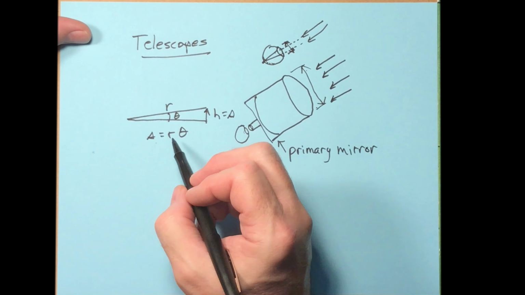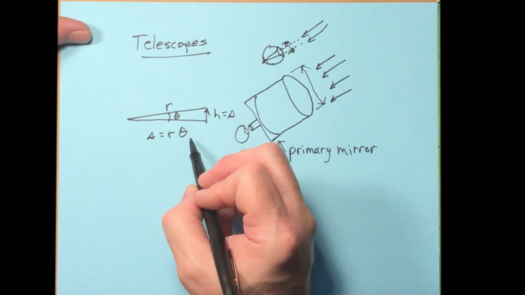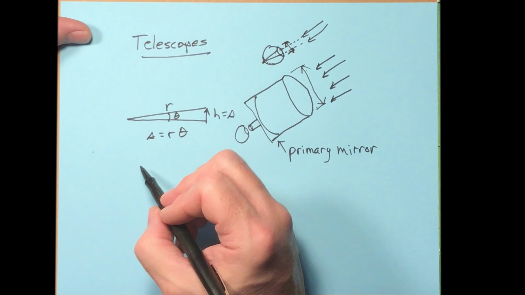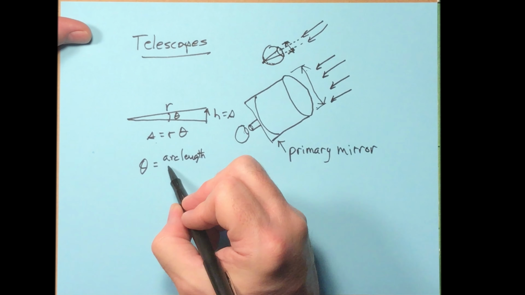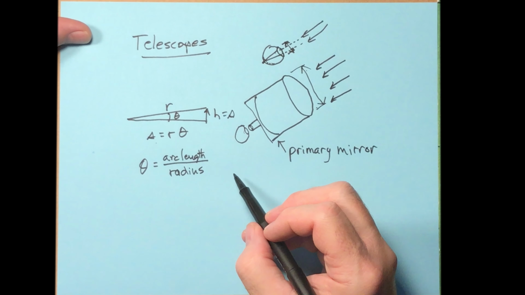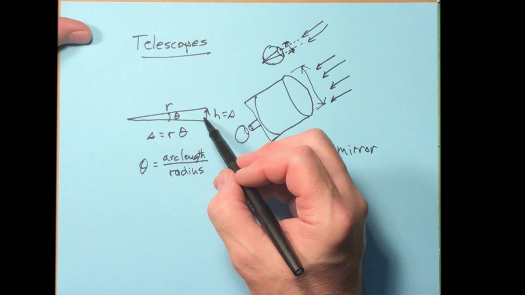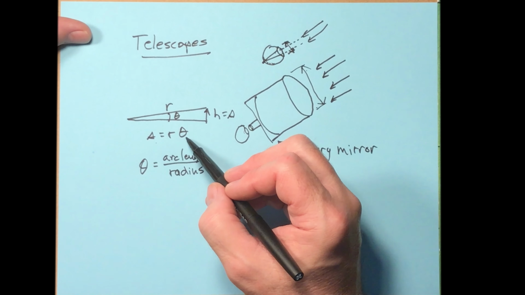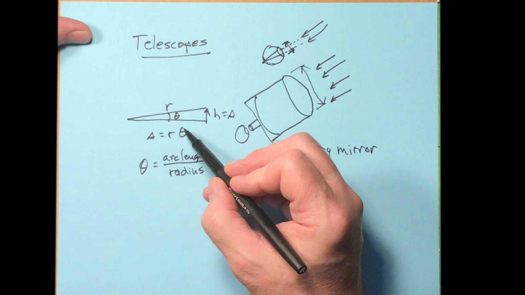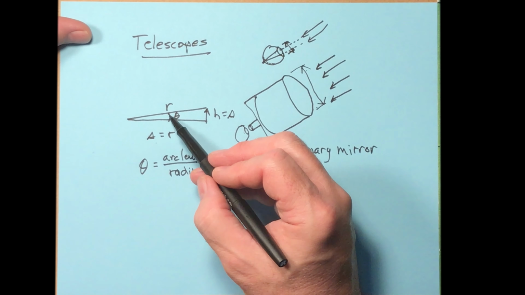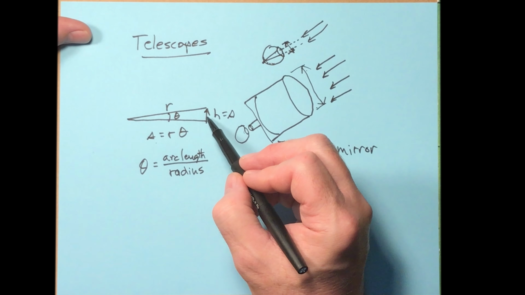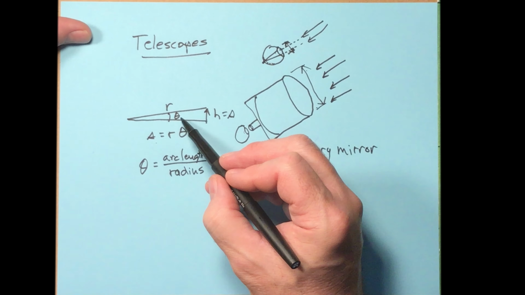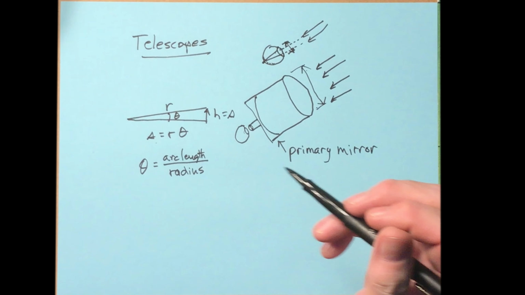So the arc length is equal to the radius times the angular size in radians. It has to be in radians. So theta is arc length divided by radius. This theta here is the angular size. So the angle that you see is going to be related to how far away the object is. So very distant objects are going to have very small angular sizes.